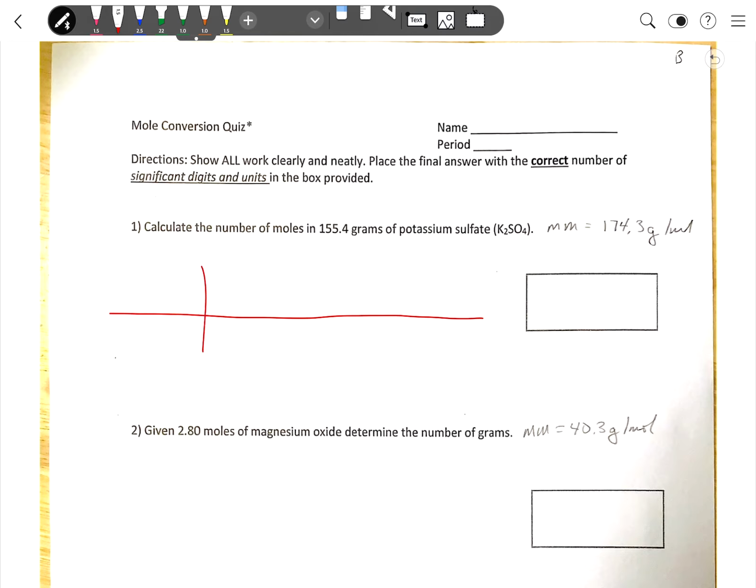Okay, so now that you know what you're starting with and where you have to go to on your flow chart, this is very simple. Follow the arrow and perform the conversion factor that they're giving you there to get to moles from mass, grams. You'll put 1 mole at the very top and the molar mass of potassium sulfate in the bottom, which is 174.3 grams.